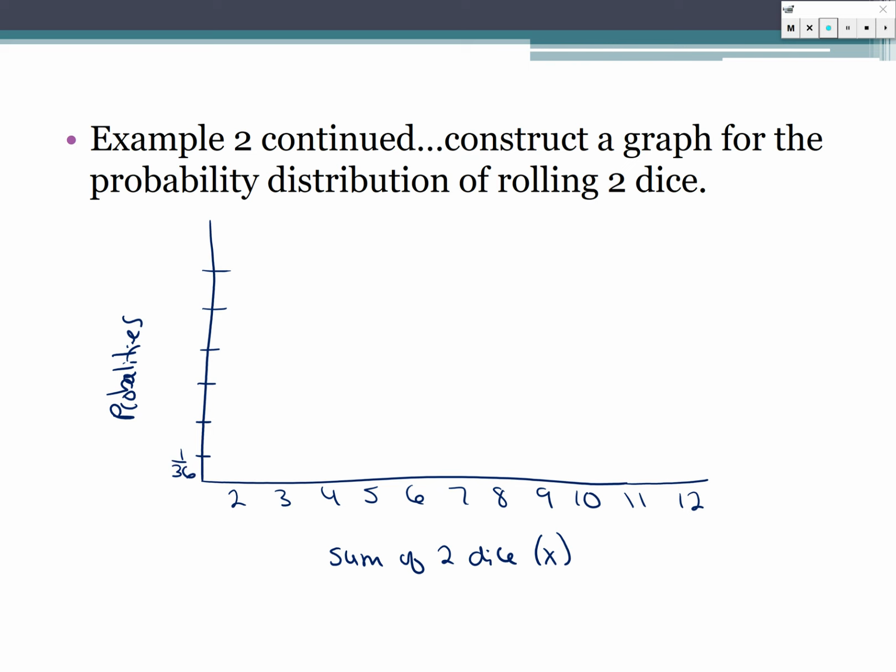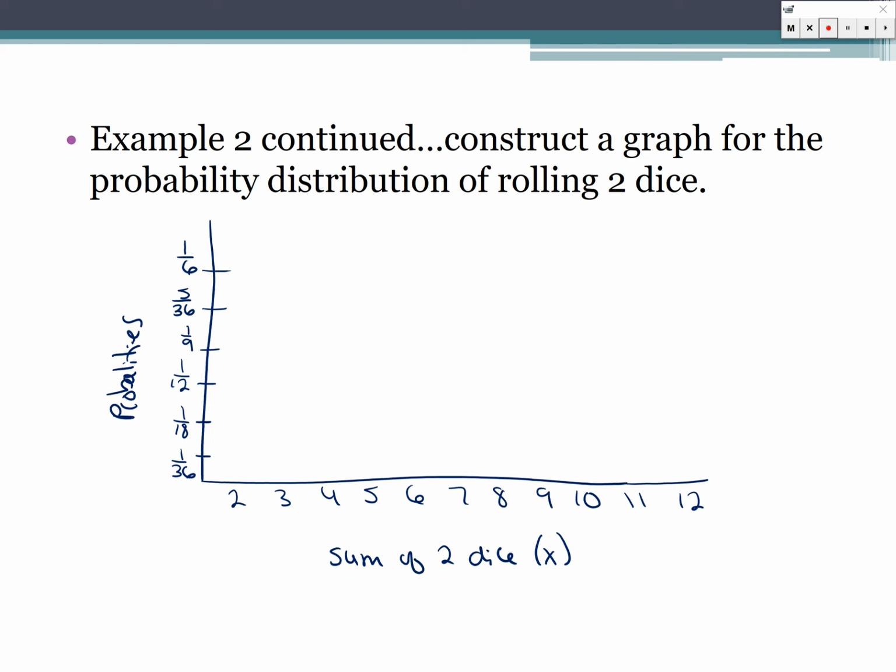You can put 2/36 if you want, that's 1/18. 3/36 is the 12th. 4/36 is the 9th. And then we have 5/36. 6/36 is a 6th. So again, if you number them just with the 36, that's okay. And then look at your table for the corresponding probabilities.